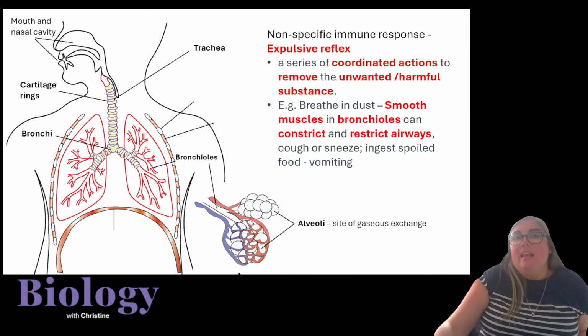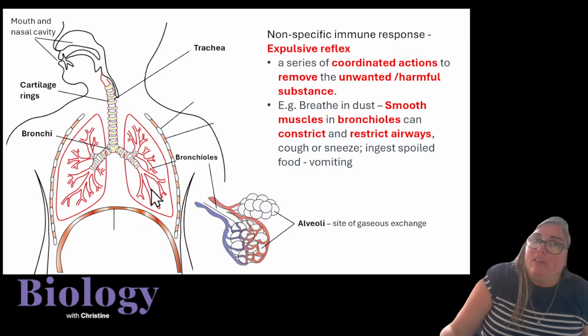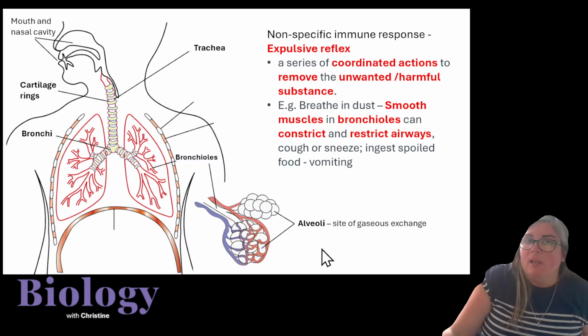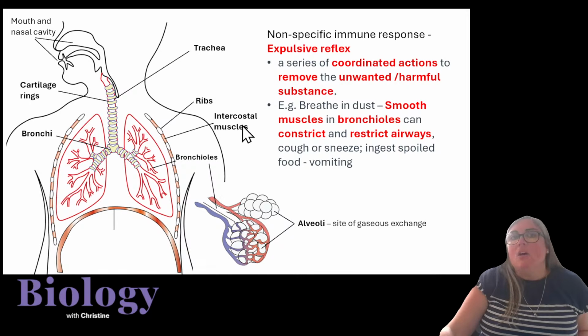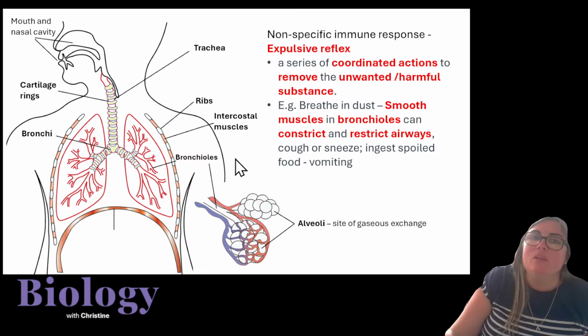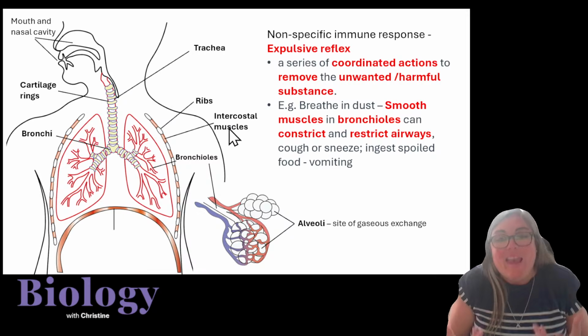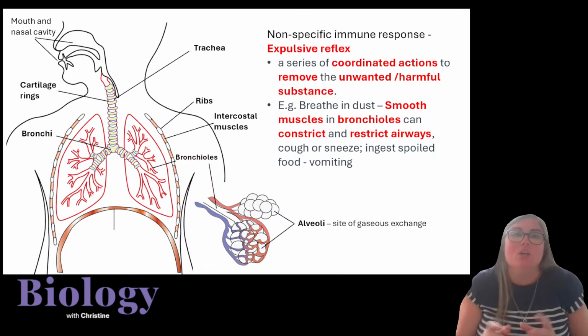Obviously, we get to the end of the mammalian ventilation system. We're looking at our alveoli, that site of gas exchange. Now, our ribs and our intercostal muscles are important here in the fact that we need to know whether we're talking about our external intercostal muscles or our internal intercostal muscles.